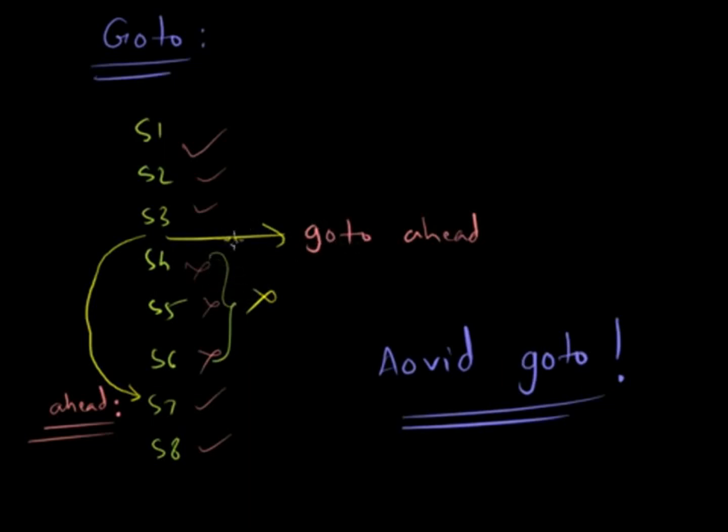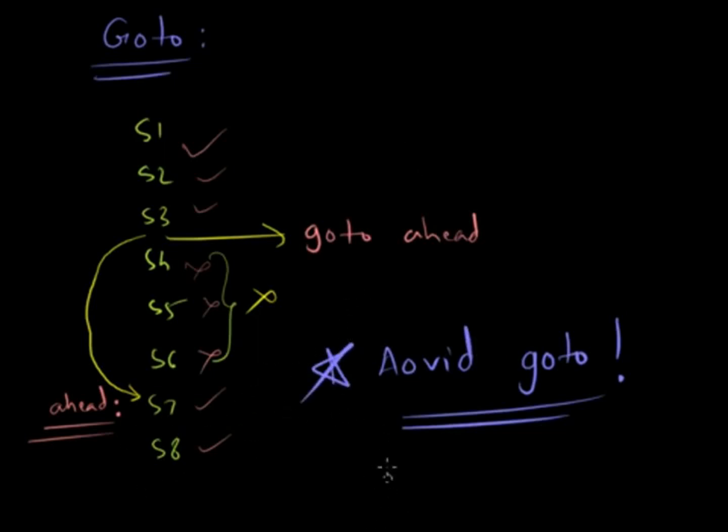What if you jump here, and from this S7 you jump to some S1, and then again from S2 you jump to some S10, other statements? This creates a lot of confusion in your mind. You don't know where the control goes and where it comes back. So a natural suggestion would be to avoid goto, and keep this in mind. Always avoid goto.